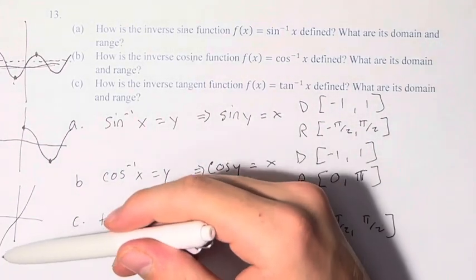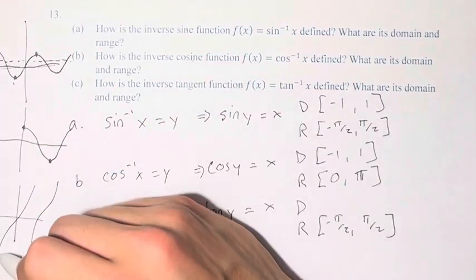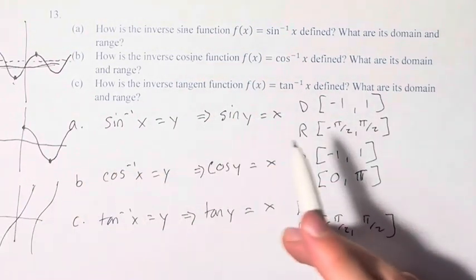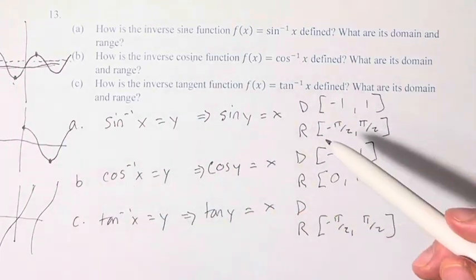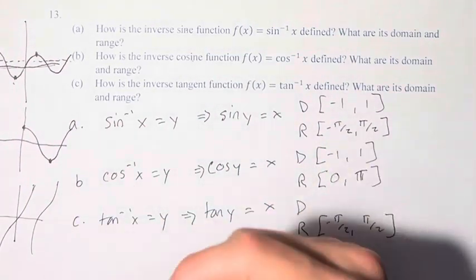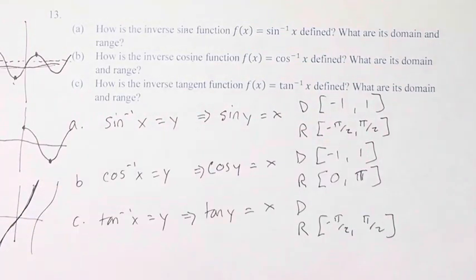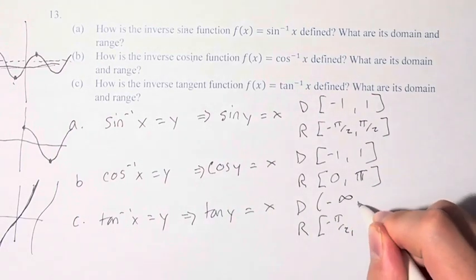The domain on which the tangent is taken, because the tangent is not 1 to 1, is only one segment of this, so from negative pi over 2 to pi over 2, so therefore that becomes the range of inverse tangent. The domain of inverse tangent is the range of the function over this interval, which is from negative infinity to infinity.